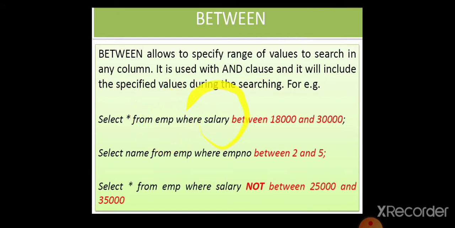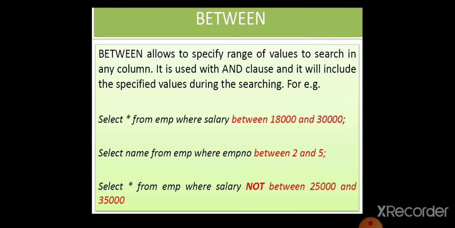Then it goes for the salary column, and it will check each and every row value whether it is between 18,000 and 30,000. Here both of the values are inclusive. That is, if the salary is 18,000, that salary will be in your output. If the salary is 30,000, that also will be in the output.